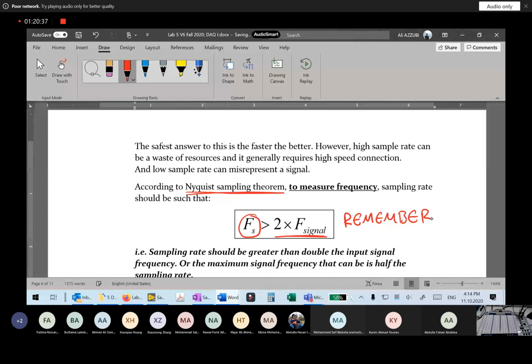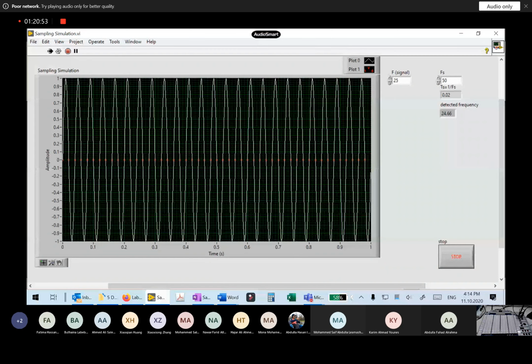So this means if I fix my signal frequency, I should sample with more than 2 times of that signal. Okay, Shabab. So here, let's see. If I fix the signal at 25, my sampling frequency should be more than 2 times.